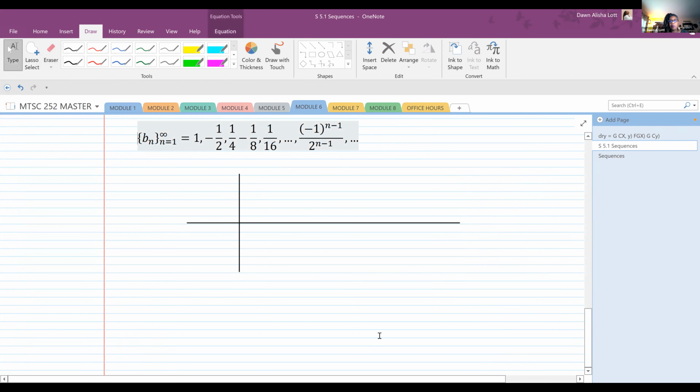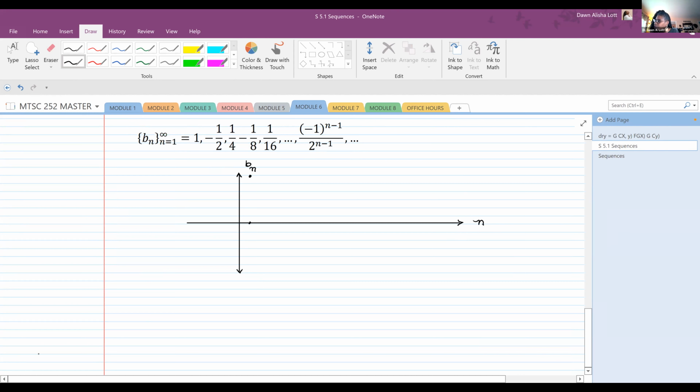When we plot the first one, I'm going to list n down here, and then plot b_n in that direction. So when n is 1, I get 1. So let's go all the way up to here, and we'll call that 1.